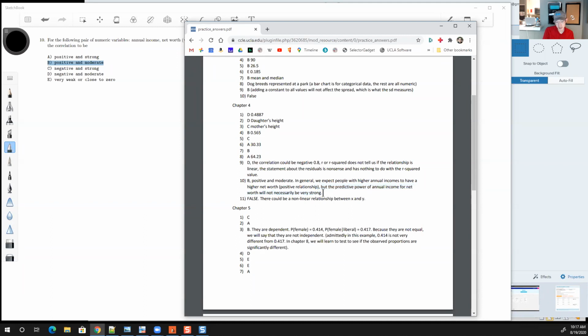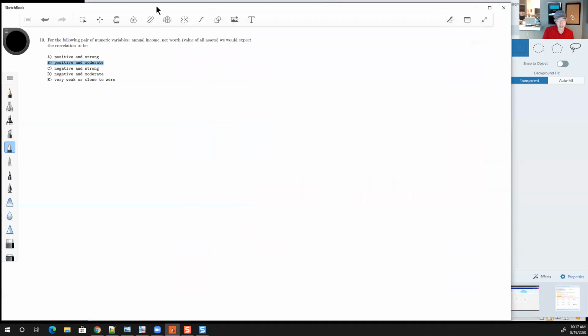I think this is still a reasonable answer, in that you can have two people with the same income, and are they going to have the same net worth? I would say no. If you have a strong relationship, then everybody who has the same annual income should have about the same net worth, and I think we can all say that's not going to be the case.